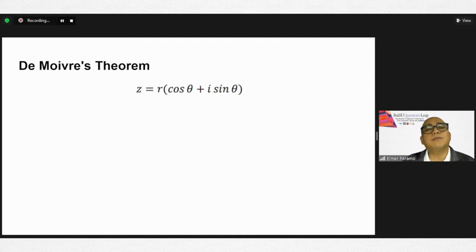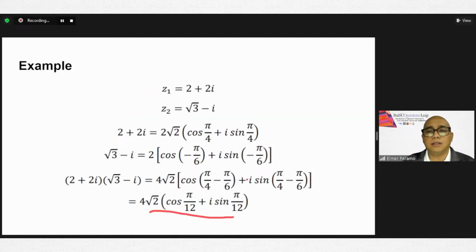De Moivre's theorem. Usually you use this theorem if you're exponentiating, or getting the powers of a complex number. For example, z represented in polar form, z squared will just be squaring the r. You can do that using the multiplication in polar form, multiplying by itself.